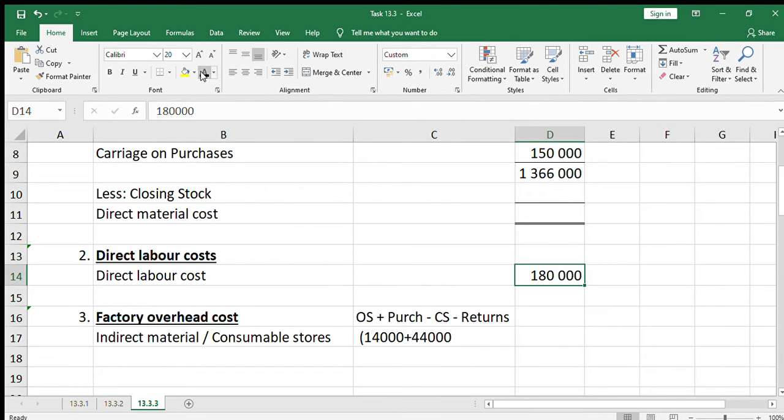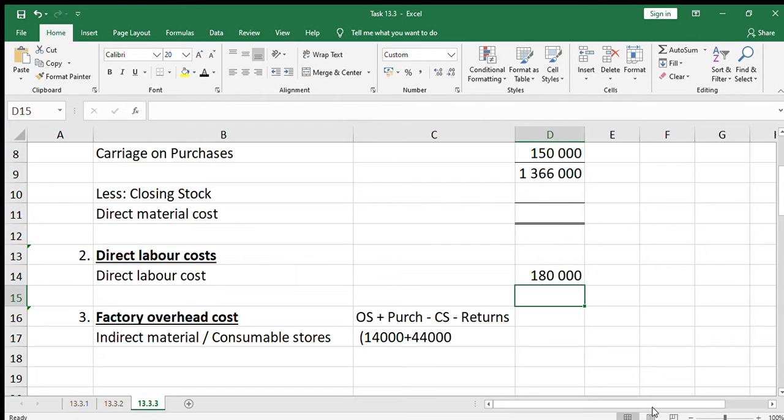So there you go, 180,000. A lot of questions will have a calculation you need to do or contributions you need to add. This question doesn't have anything like that, so we just put 180,000 in.